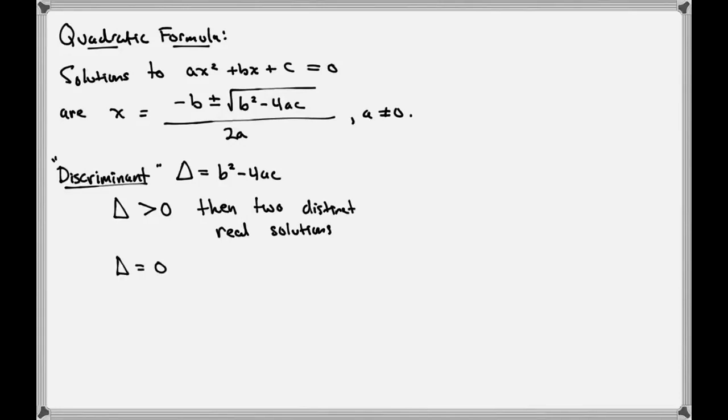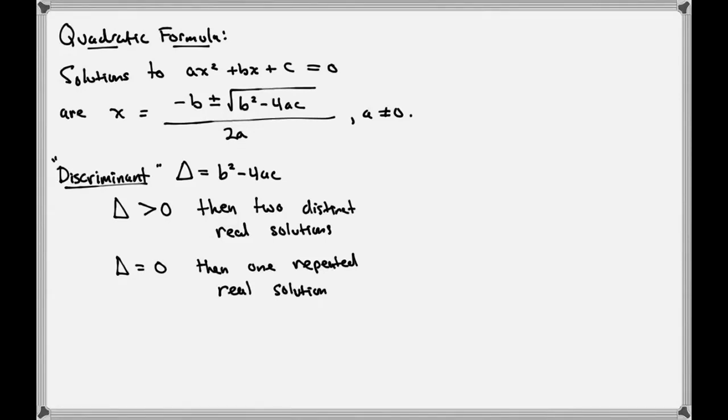If delta is equal to 0, then it's 0 under the radical, and adding or subtracting 0 doesn't really change it, and we'll only get one solution. Of course, quadratic equations should have 2 solutions to them, so we call this a repeated real solution. We'll see 2 linear factors that are the same linear factor.